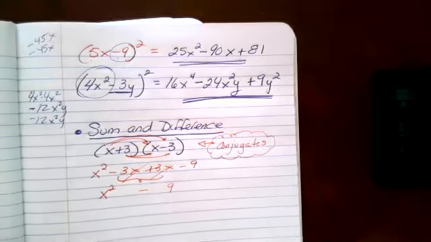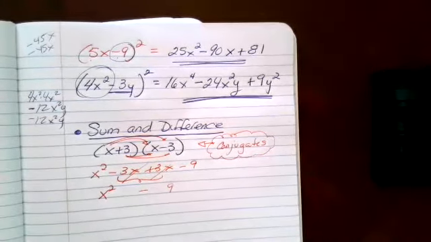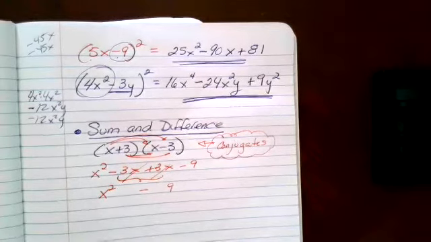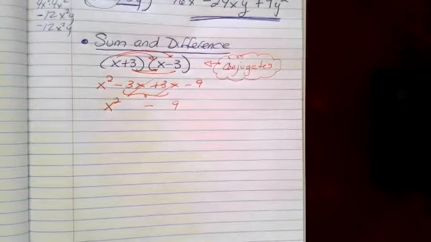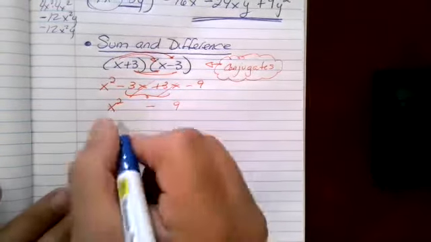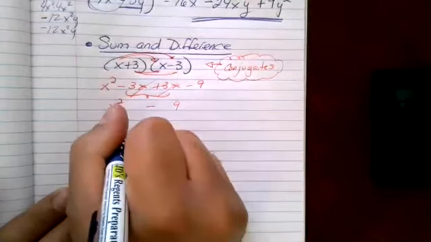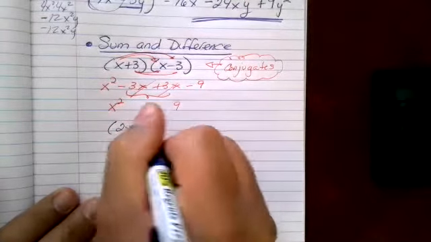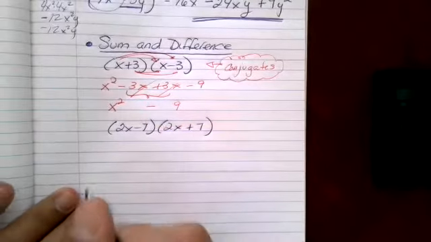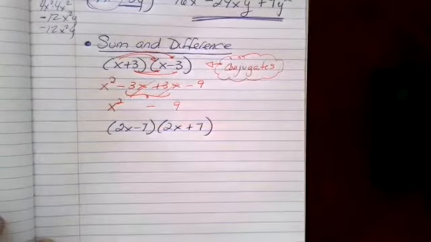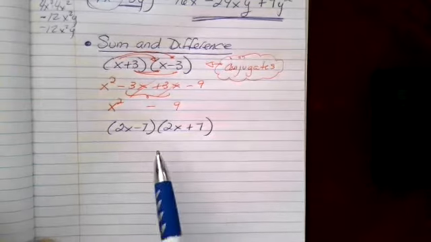So we're just left with x squared minus 9. And what we'll find when we're multiplying conjugates is this is always the case. So if I have 2x minus 7 and 2x plus 7, I recognize that these are conjugates.